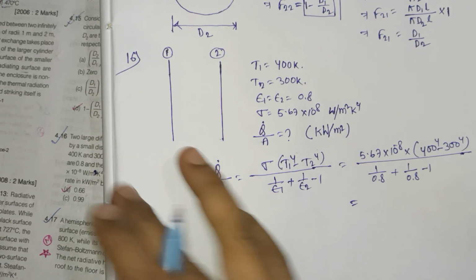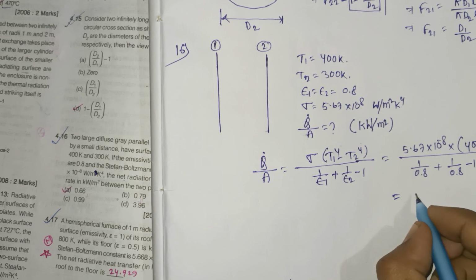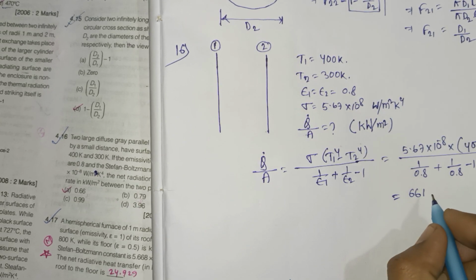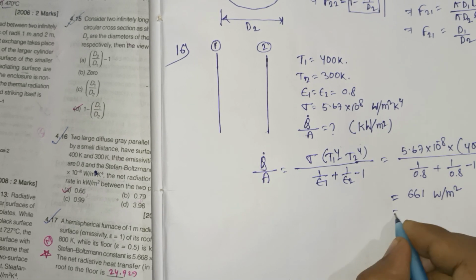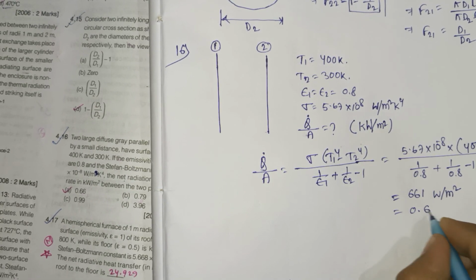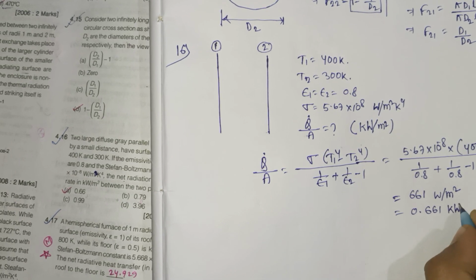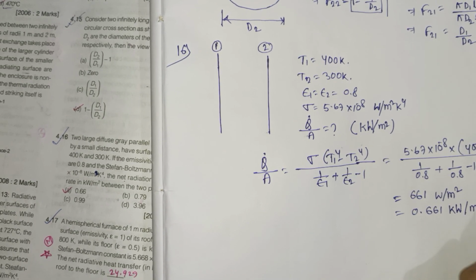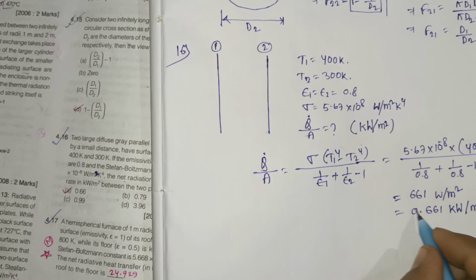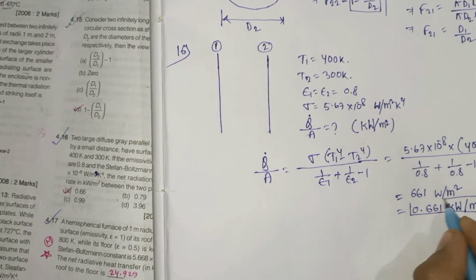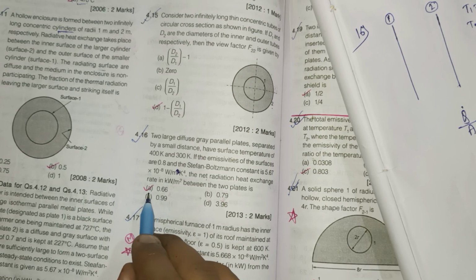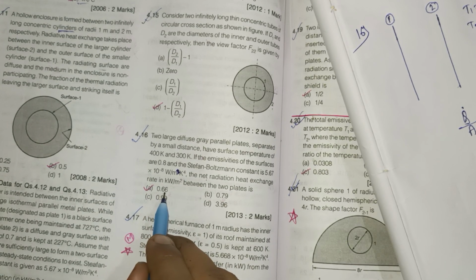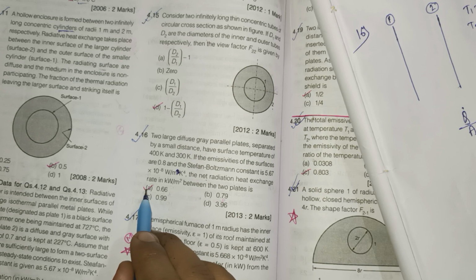If you calculate this value, it will be 661 watt per meter square, that is equal to 0.661 kilowatt per meter square. So the correct answer is 0.661. So in question number 16, the correct answer is 0.66, option A.